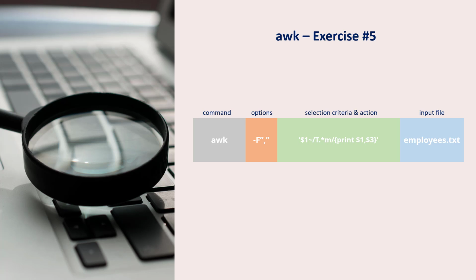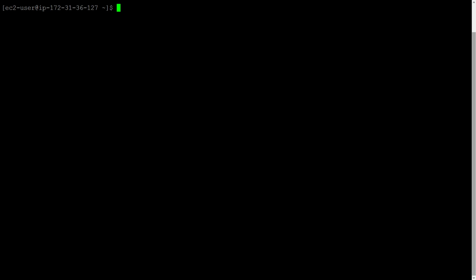Note that we do not enclose it in double quotes. Instead, we enclose it within forward slashes. This regular expression pattern will select all names whose first name starts with T and ends with M. Rest all remain the same. Let's try it out now.